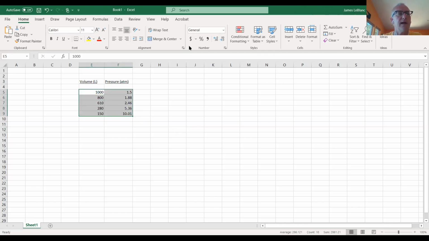So I want to insert. I want to insert. Wait a minute, where is my plots? This isn't helping. Oh, data, under data.